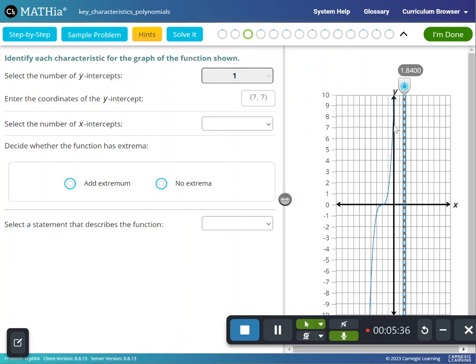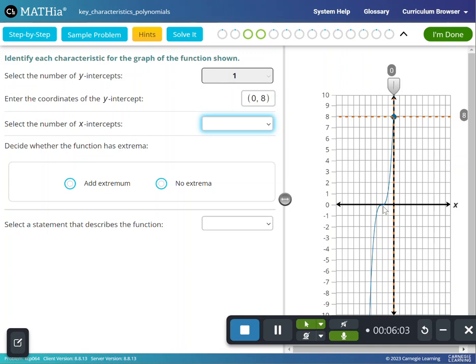It looks like it's at 7 or 8. I think it's 8. So we're going to say it is (0, 8). Push enter. Yeah, okay.